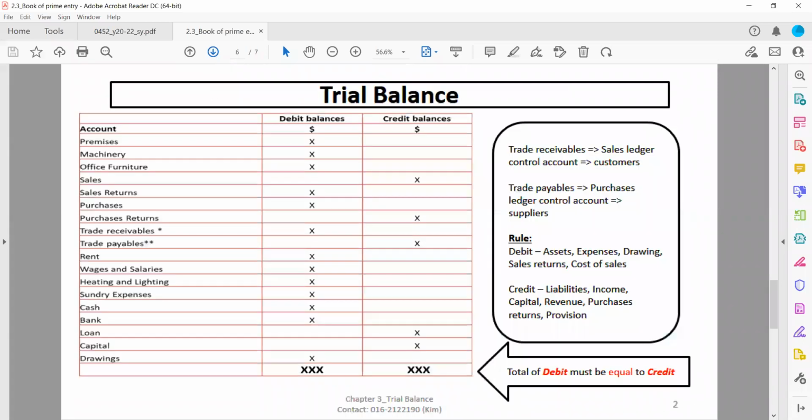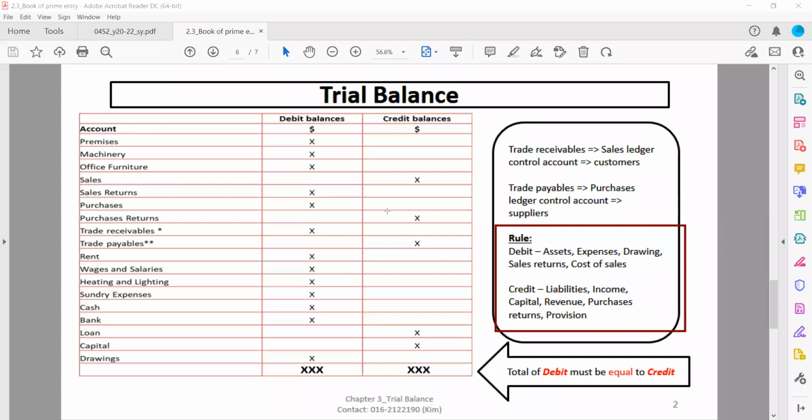The format for the trial balance: debit and credit balance. The general rule for the trial balance is very important. The rule for the trial balance is, for debit, we have asset, expenses, drawing, sales return, cost of sales. For credit, we have liability, income, capital, revenue, purchases return, and the provision.